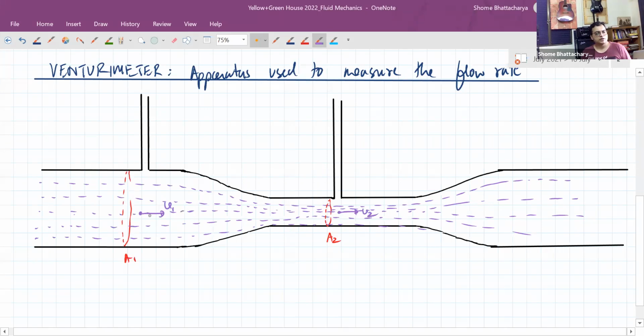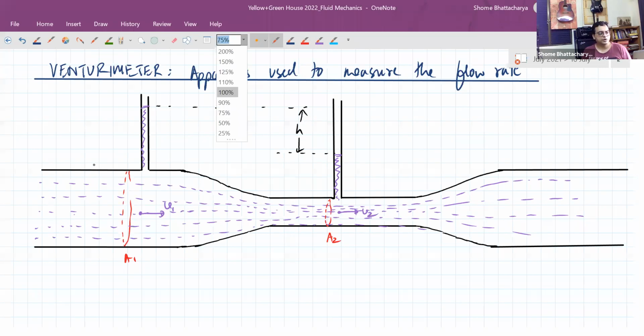But because the speed at this point is more, the pressure will be less. So the higher pressure in this region will cause liquid to rise to a higher level. And by measuring this level difference, we can estimate not only the pressure difference, but we can then write a formula to understand the flow rate of liquid over here.